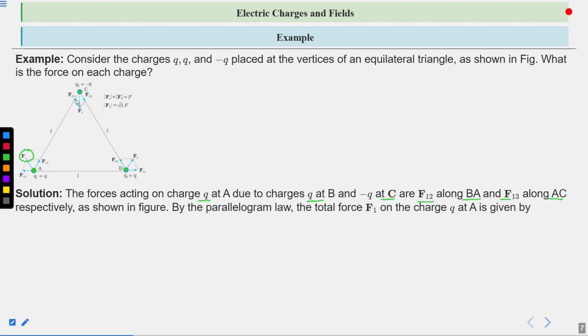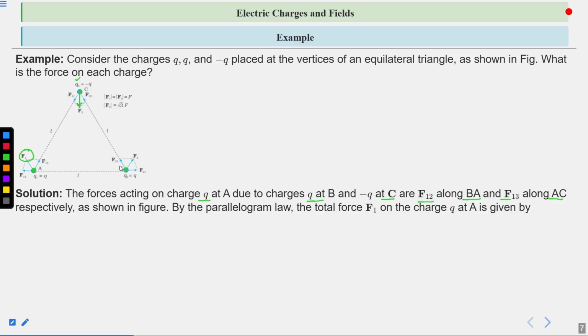Similarly, F31 is the force on charge q3 due to the first, and F32 is the force on charge q3 due to the second, and the resultant force on the charge q3 is F3.